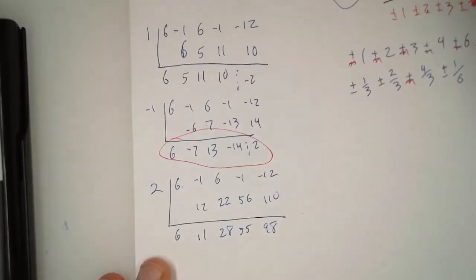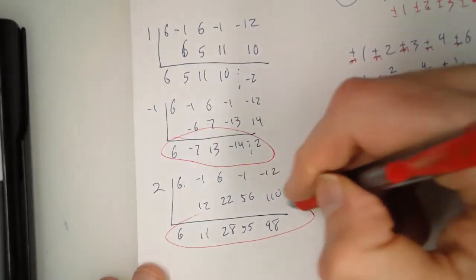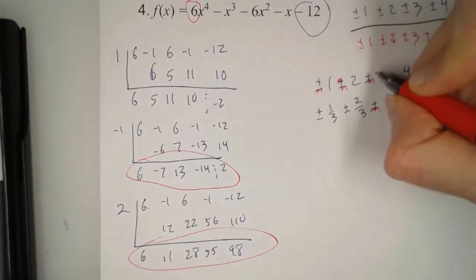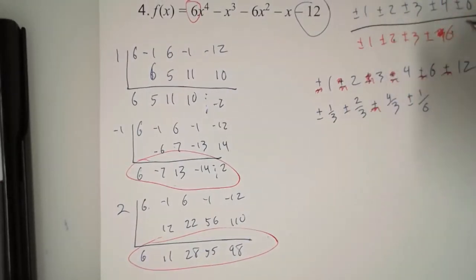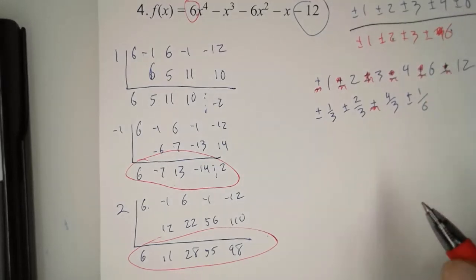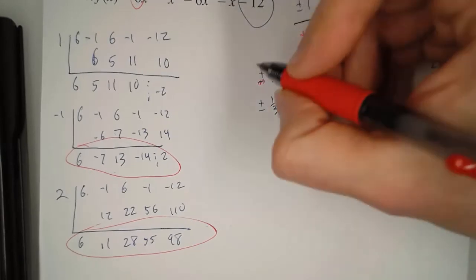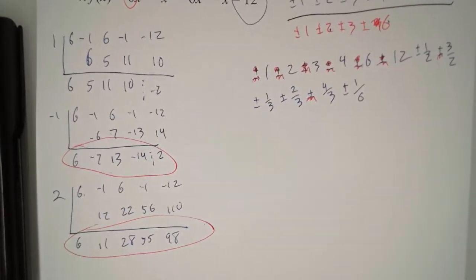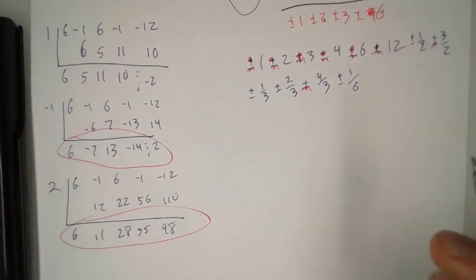Now look here, all of these numbers are all positive. So 2 is too big. So that means 3 is too big, 4 is too big, 6 is too big, 12 is too big, anything bigger than 2. All right, so that leaves us pretty much with just some of our fractions.